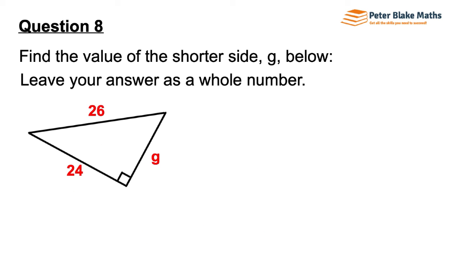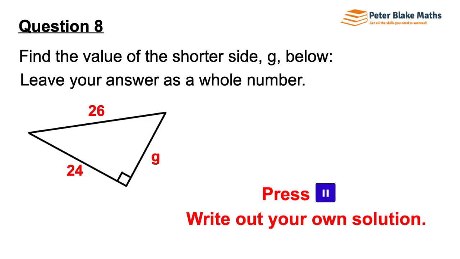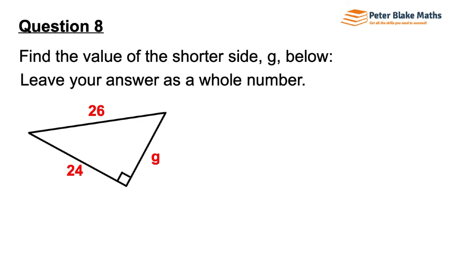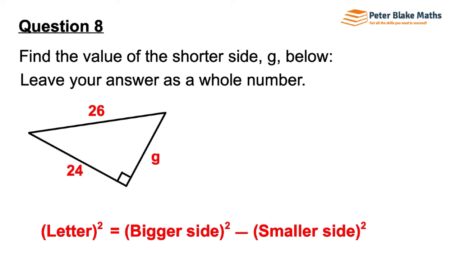Question 8. Find the value of the shorter side, G, in the diagram below. Leave your answer as a whole number. Okay, we've got the letter squared. Now this is a shorter side we're finding here.